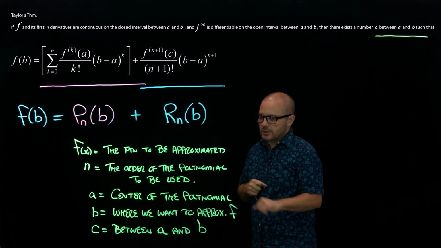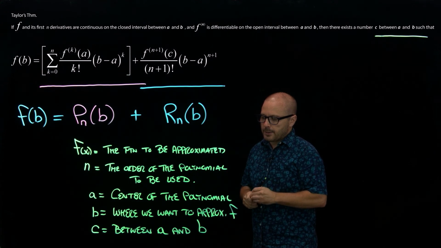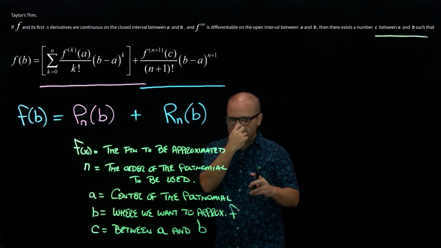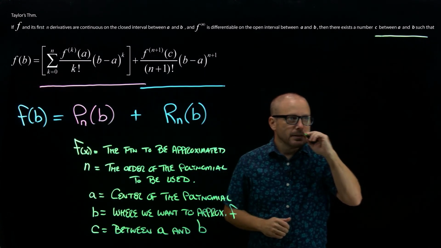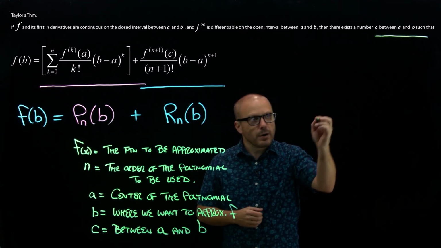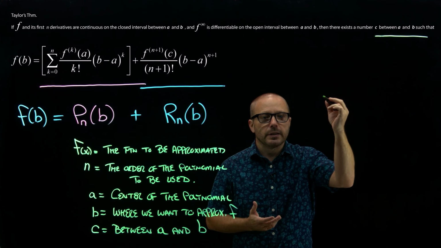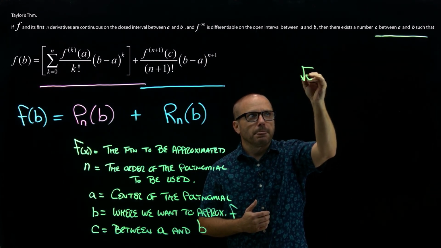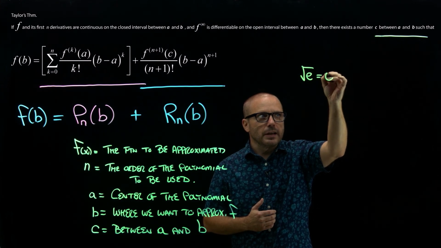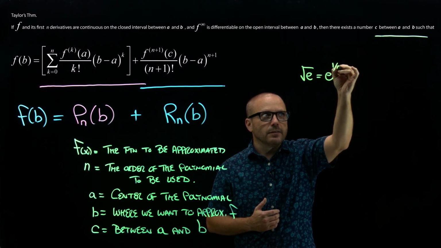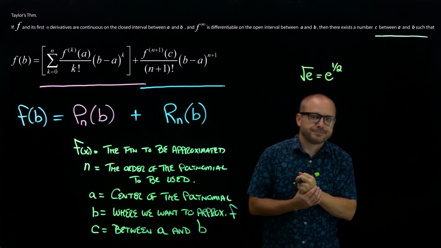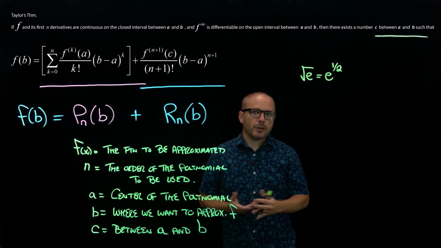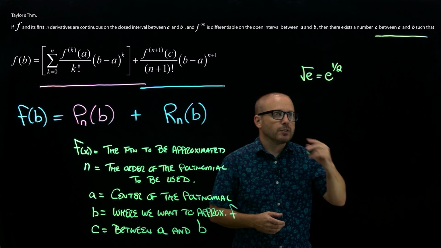So let's just set one up so we see what all these quantities are in practice. Say we were going to approximate square root of e. I think I mentioned that already a couple of times. So that is really the exponential function e to the x evaluated at 1/2, right? And let's just pick a Taylor polynomial, sort of arbitrarily.